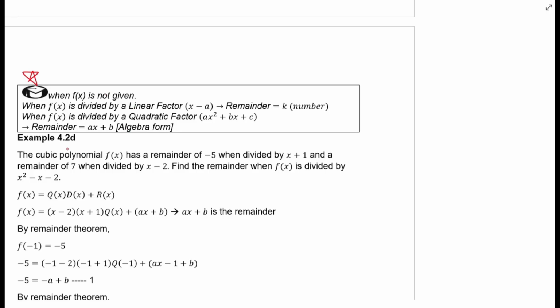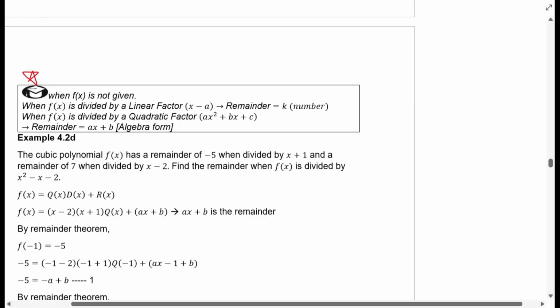So you'll see in example 4.2d, there's a difference in this question compared to the past few questions, whereby your polynomial or your f(x) was not given in the question. It is just stated here as a cubic polynomial f(x).